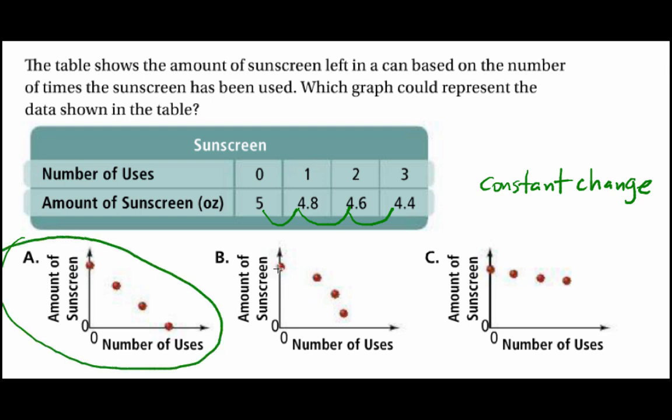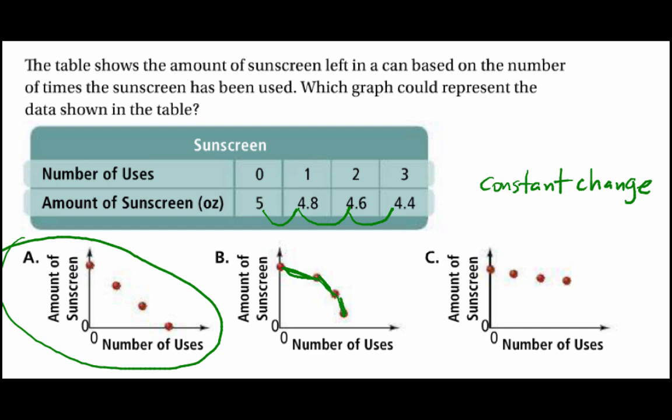C and B, when the amount of sunscreen from use 0 to use 1 is decreasing, and that's fine. But you'll see from use 1 to use 2, the actual change is a steeper, is a greater decrease from this point here to this point here.